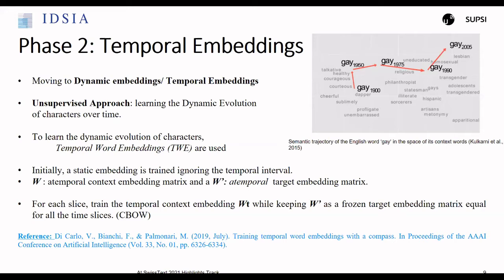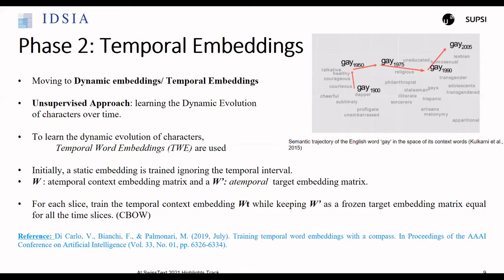For our approach, we used this similar concept in order to study the evolution of the characters over time. For this, our main reference paper was by Di Carlo et al., where they proposed an approach for training temporal word embeddings with respect to a reference corpus.